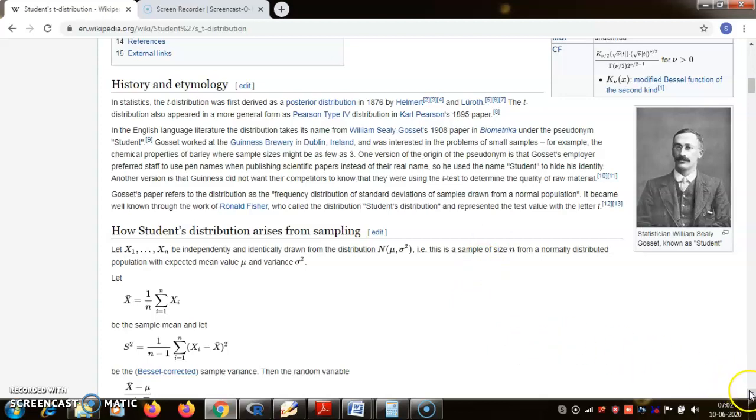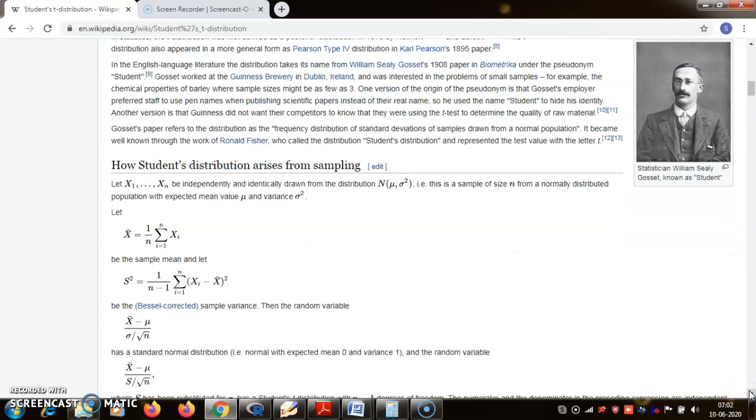Now coming quickly to the main point. I have x1, x2, ..., xn, IID, independent and identically distributed random variables from a normal distribution with mu and sigma, both of which I don't know. My aim is to estimate or test a hypothesis regarding the population mean without knowing what sigma is.